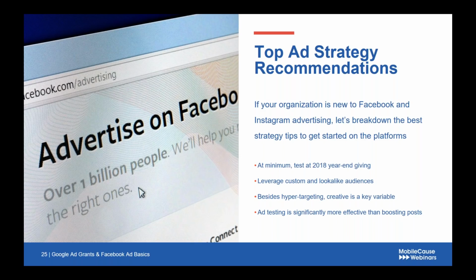Besides the hyper targeting, creative is such a key variable here. And it's really what is most fun about Facebook and Instagram. Video creative can go a long way, image creative, you can really experiment. For one example, especially when we're targeting new audiences, we might run a video ad that really explains the mission.